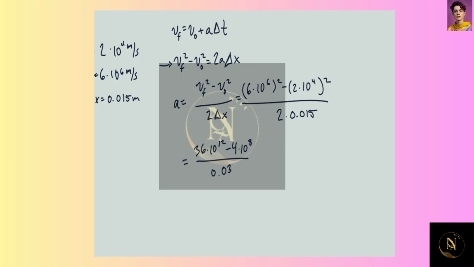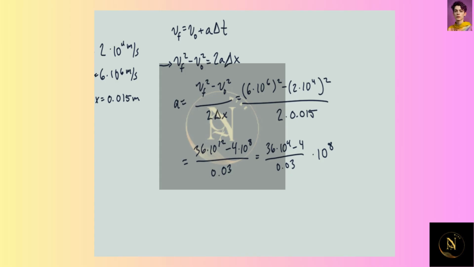Let's factor out the 10 to the 8 in both instances: 36 times 10 to the 4 minus 4, divided by 0.03, all times 10 to the 8. Now we can clearly see that this 4 is quite negligible compared to 36,000. Sorry, that would actually be 360,000, because 10 to the 4 is 10,000, and 10,000 times 36 is 360,000.